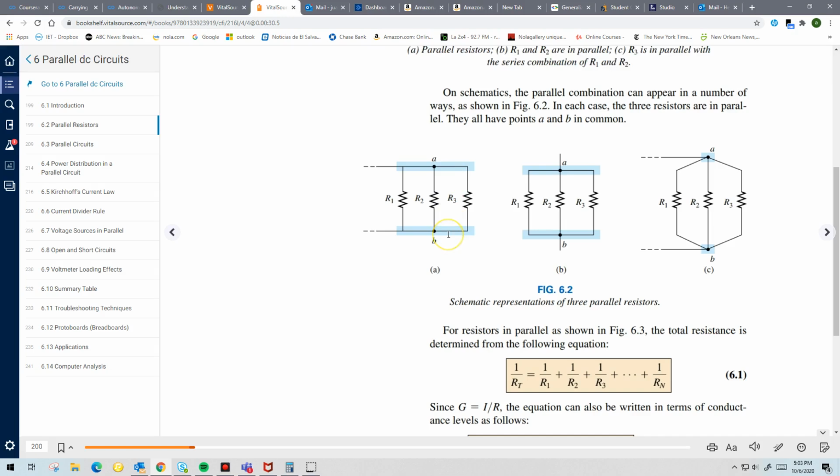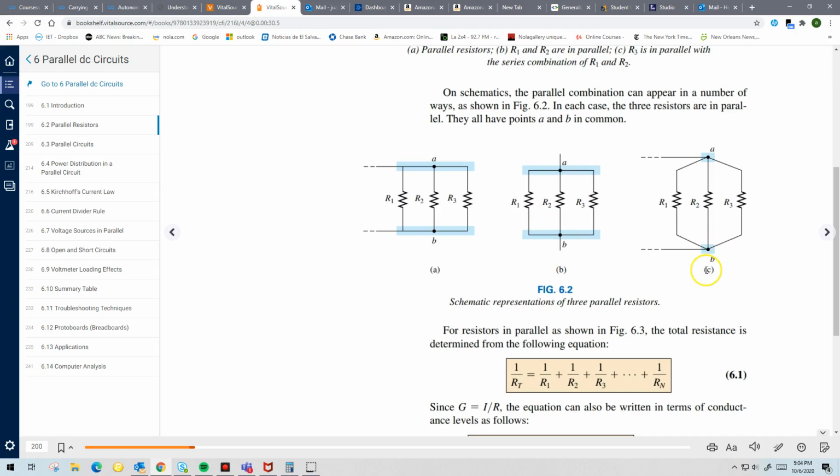Obviously, node A and node B are two different nodes, two different connecting points. And you can see also here different ways of connecting. Same idea here. If you connect everything at the top to a point A and everything at the bottom to a point B, you're still connecting these three resistors to a common point A and to a common point B, because A is common to all three resistances and B is common to all three resistances.